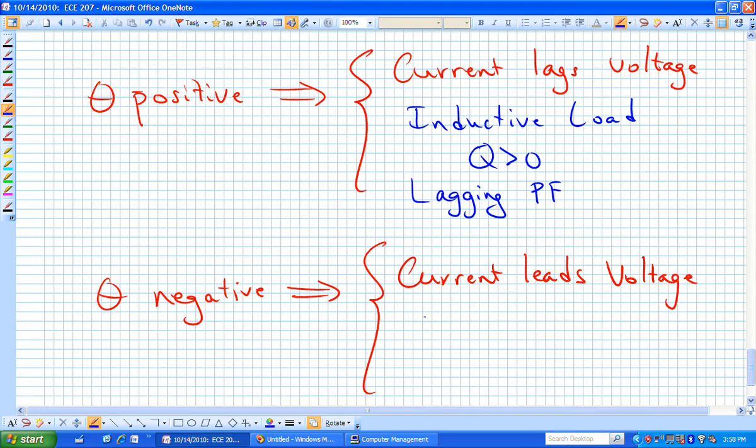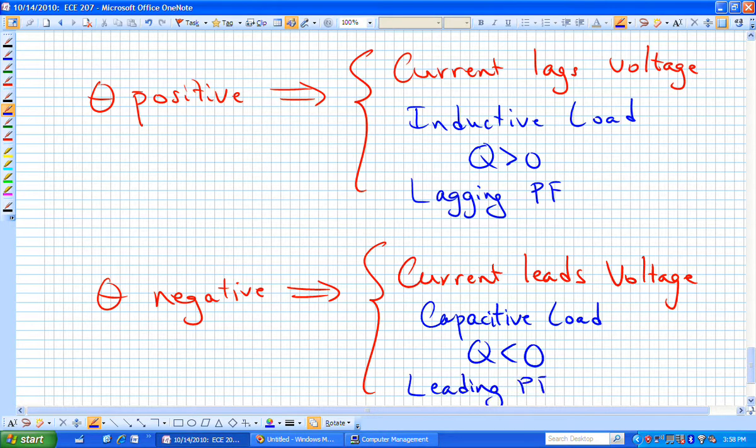That now gives us a capacitive load. Q is now negative, so now we would go down, and we would refer to that as having a leading power factor.